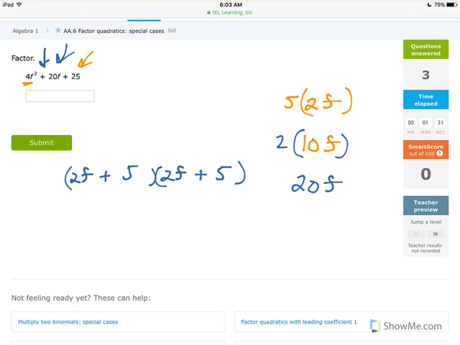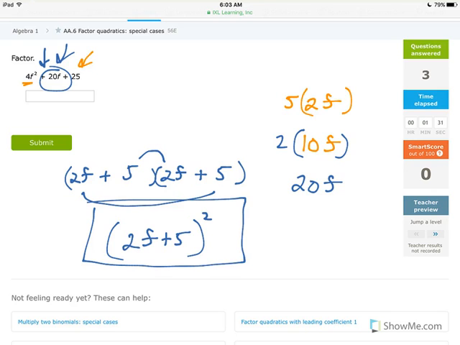And the 5 2f and the other 5 2f are making that middle 20f, because it's basically a 10f and a 10f that are making the 20f. And if you wanted to write that as a squared binomial, we have 2f plus 5 being multiplied by itself, 2f plus 5.